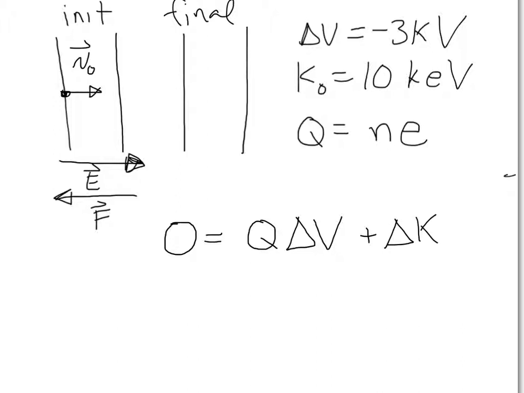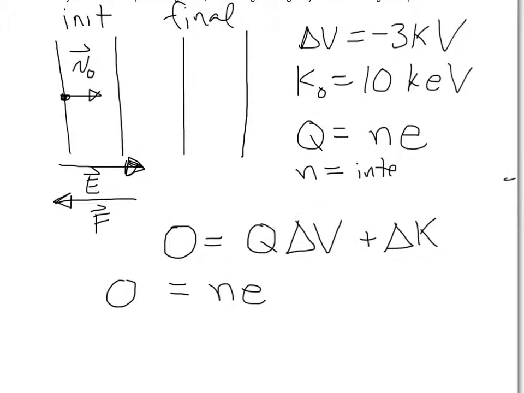Okay, let's go ahead and simplify this. Now the charge is going to be N times E. Now N here, if I didn't explain, is some integer. Make sure I get that clear. N is an integer. So that's like minus 3, minus 2, minus 1, 0, 1, 2, etc.